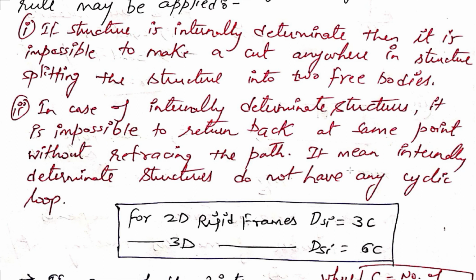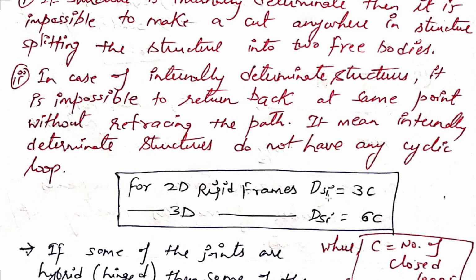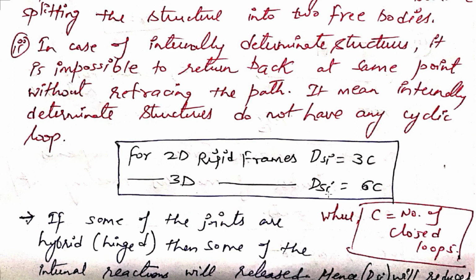Hence we have a formula: for 2D rigid frames, DSi, internal static indeterminacy, is equal to 3C, and DSi is equal to 6C for 3D rigid frames.